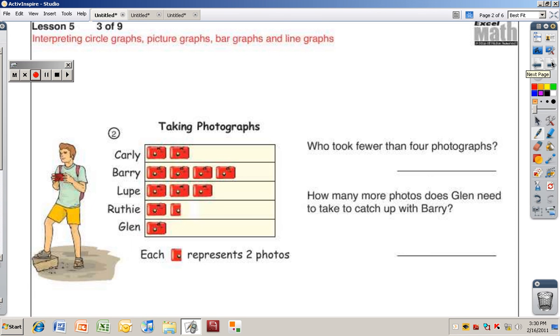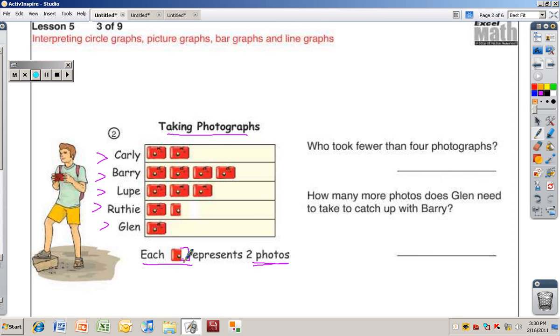Here's a picture graph. All right, it says taking photographs up at the top, and then it has different names. So evidently these different people were taking pictures. Notice that each picture of a camera represents 2 photos. The picture on my screen is a little bit messed up.